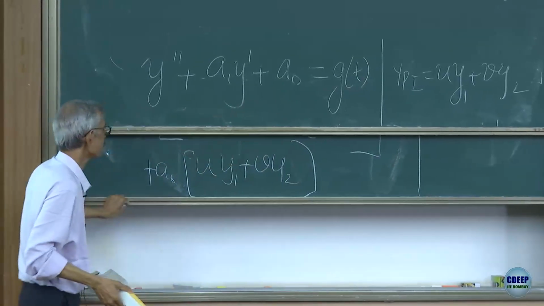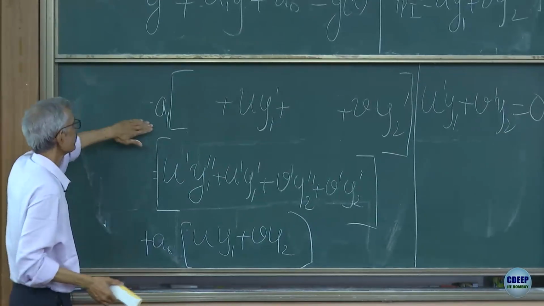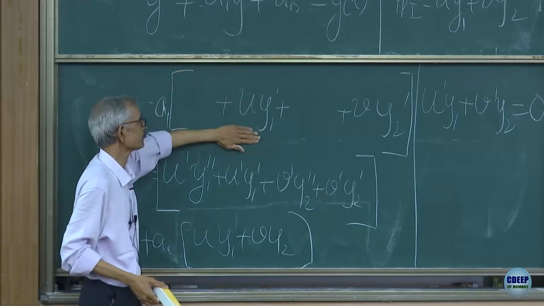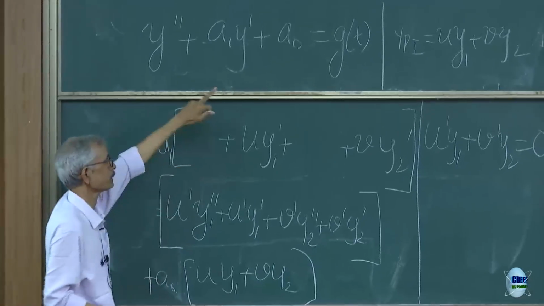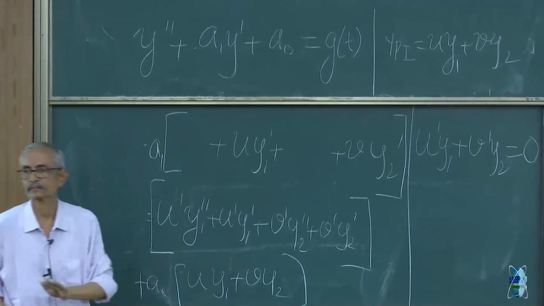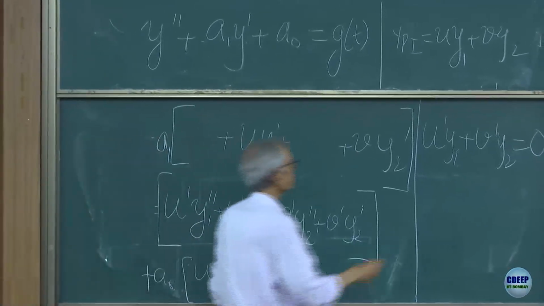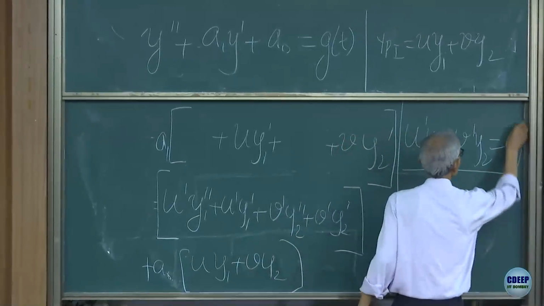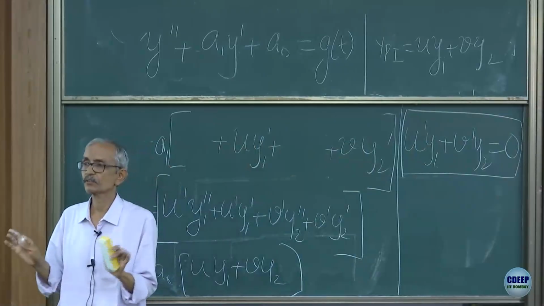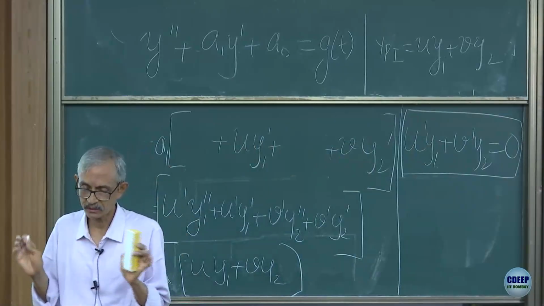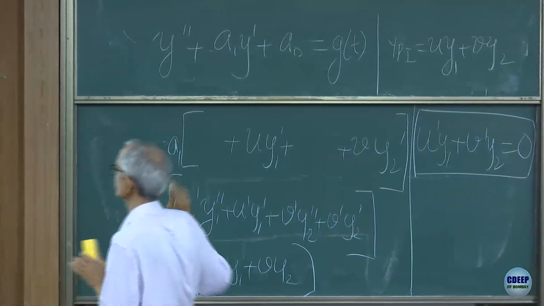So we have everything we need: a1 times the first derivative, then the second derivative, plus a naught times that function there. And remember this guy is still there. We can't forget that guy. He has to be given due respect, so it is still there.